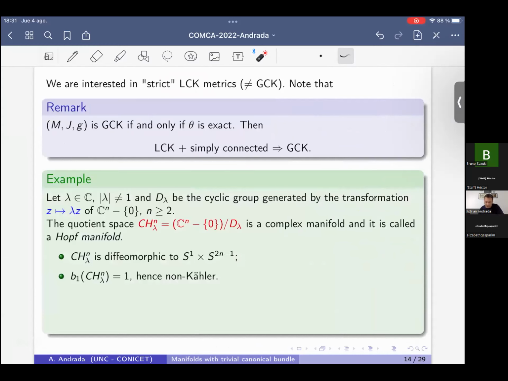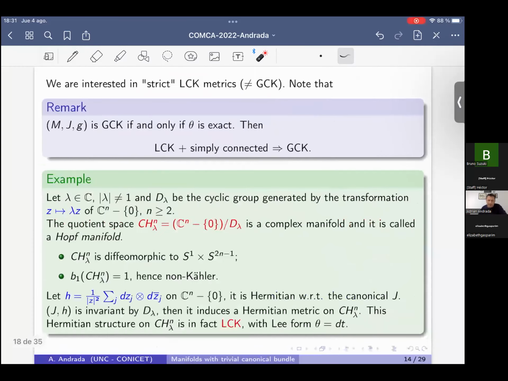An example is given by this. If we take C^n minus 0, and we consider homotheties by a complex number lambda of length different from 1, we send z to lambda z, we can divide C^n minus 0 by the group generated by this map.